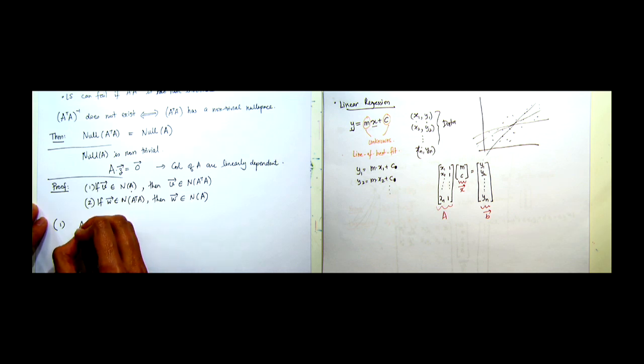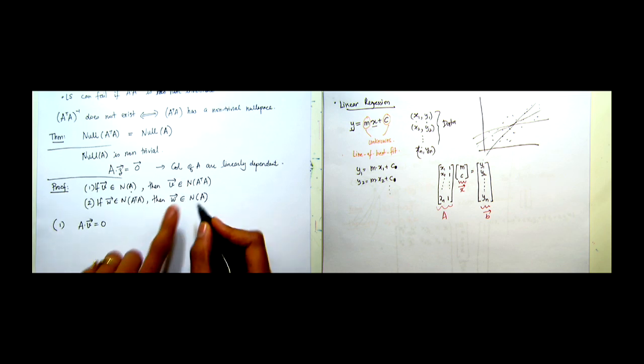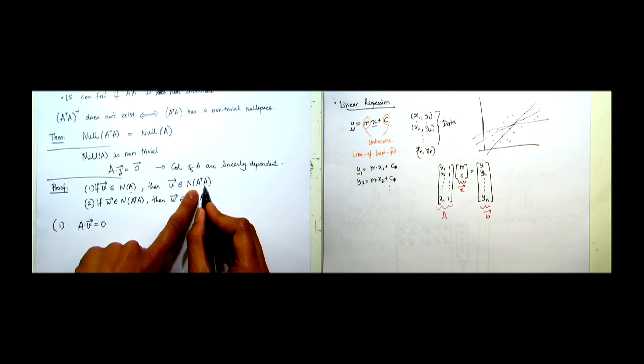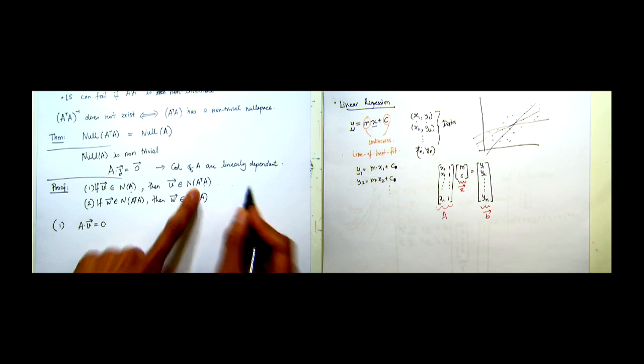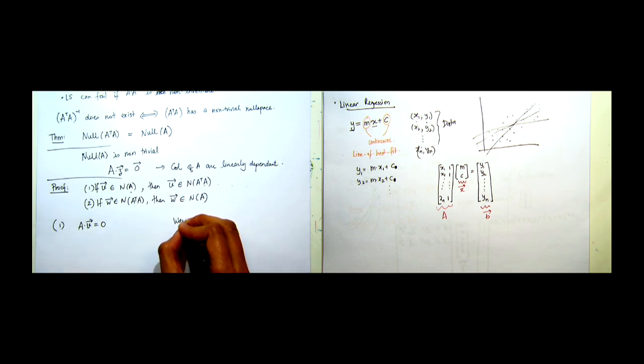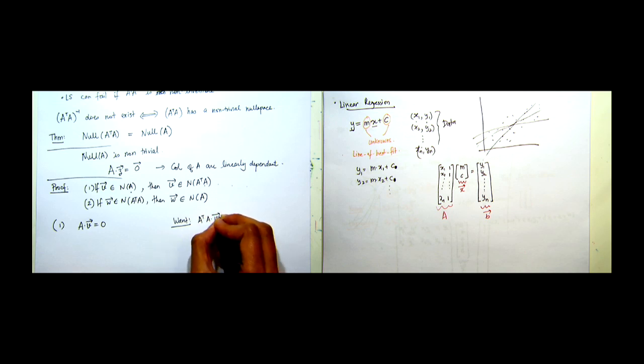So you have some V, A times this V is equal to 0, right? Where do you want to go? You want to have A transpose times A times this exact V equal to 0. How do I get here from here?